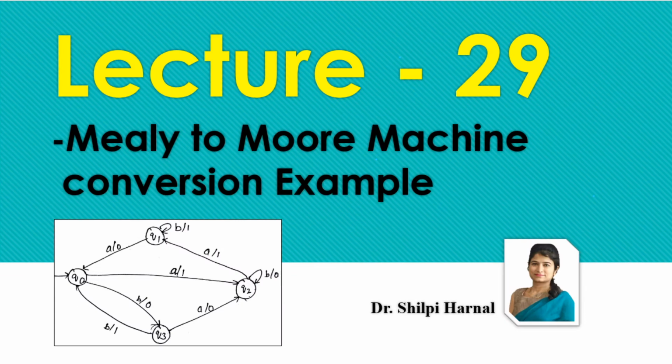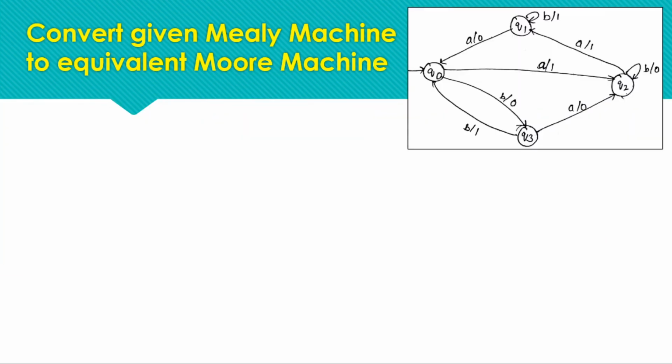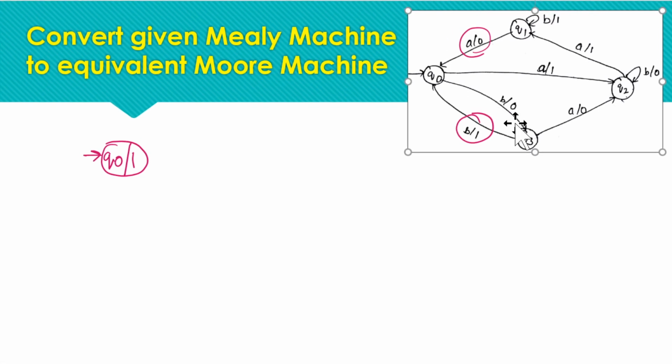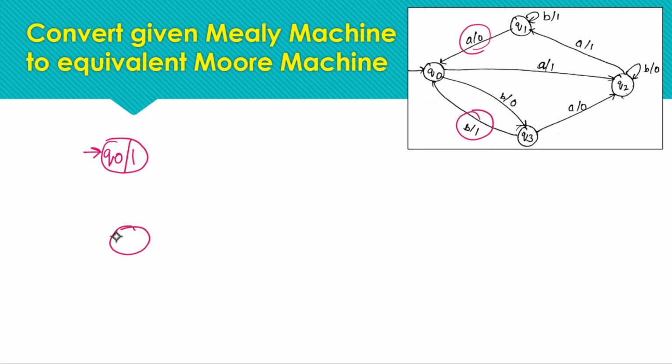As the initial state is divided into two states, here we have Q0 with output 1, as Q0 has two outputs, one as 0 and one as 1. So we need to draw two Q0s, one with output 1 and another with output 0.